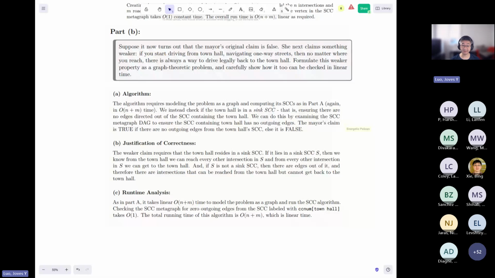Basically, it says that every single intersection that the town hall can reach via BFS is in the CC num and therefore creates a cycle with the town hall. So that also works. I prefer this answer because it makes more sense to me. But if you wanted to do it the BFS way, that also works.